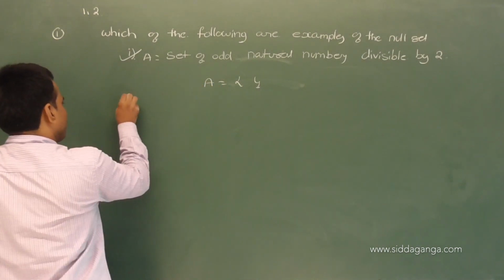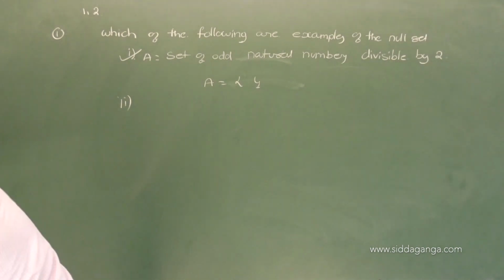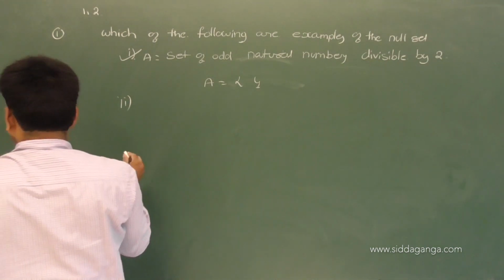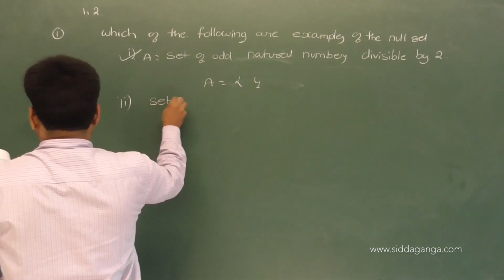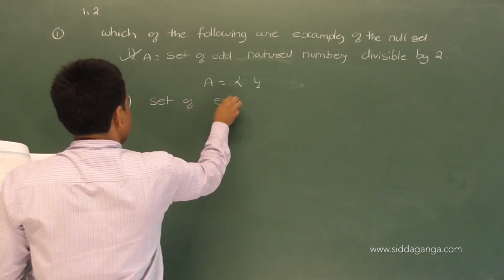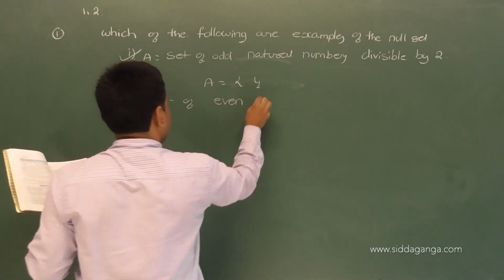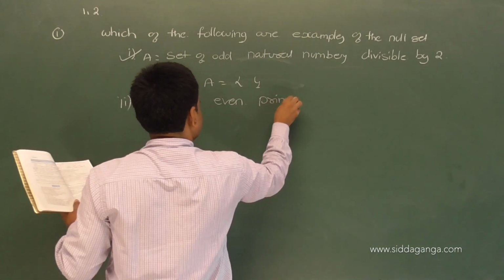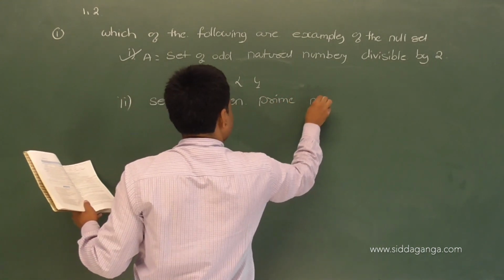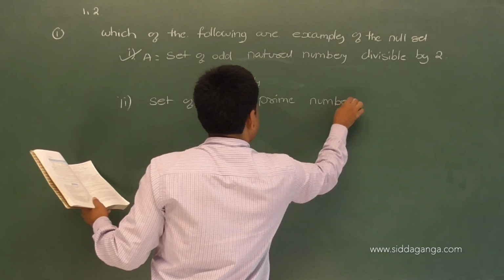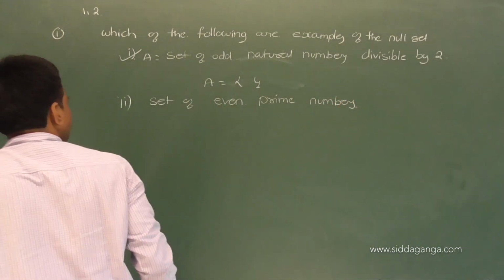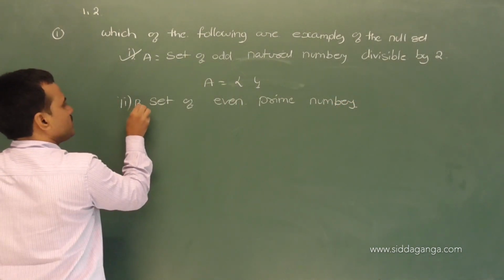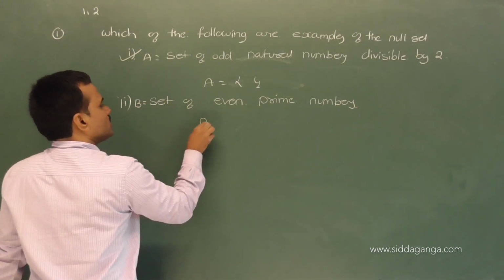Second example: set of all even prime numbers. I write this as B is equal to the even prime number.